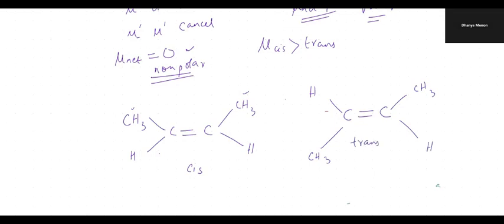Okay. Now let's draw the dipoles. Whenever there is carbon and carbon that has double bonds, usually the doubly bonded carbon will be more electronegative. Okay. So we draw the dipole from methyl to carbon, from methyl to carbon.